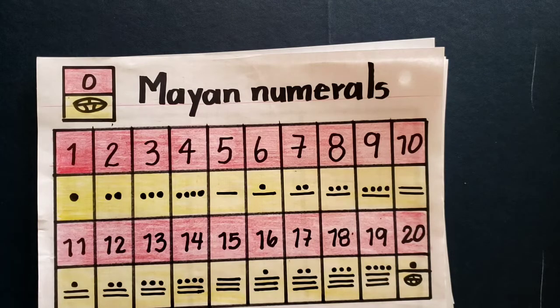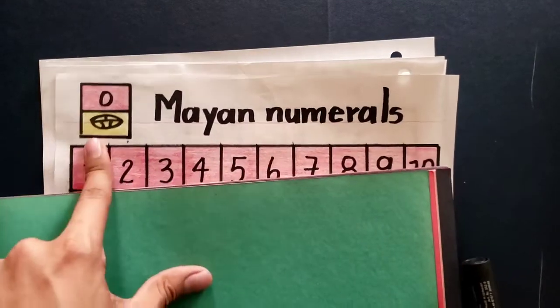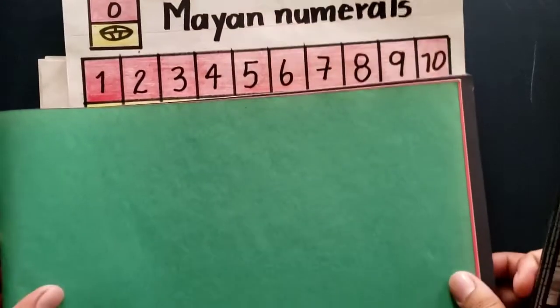And which are those digits, mister? Well, those digits are 0, 1, 2, 3, 4, 5, 6, 7, 8, and 9. With these digits, from 0 to 9, we create all the other numbers.